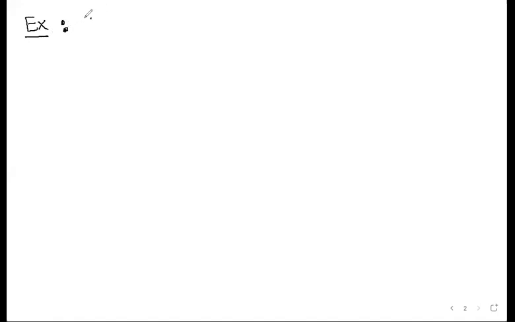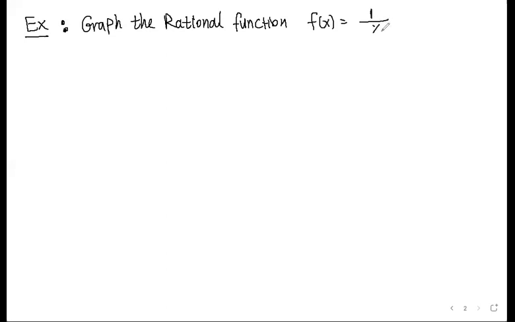Graph the rational function f of x equal 1 over x.